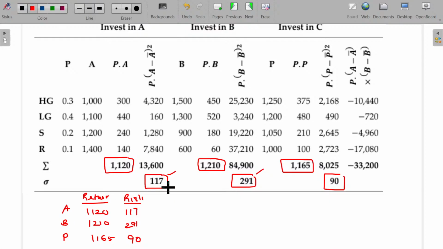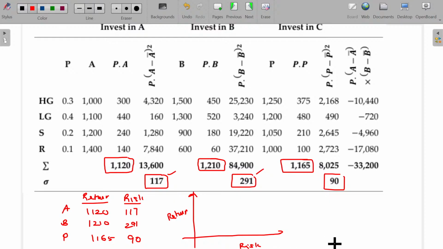If you draw this in a diagram, see, risk and return diagram, x-axis and y-axis. Return here, risk here.